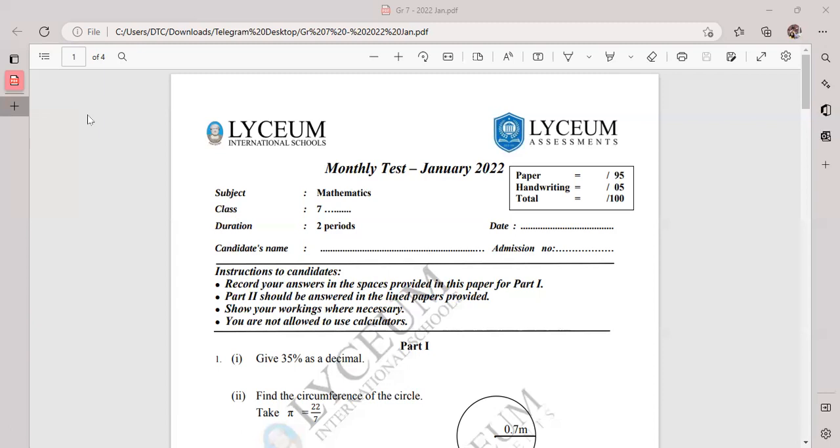The third point I want to discuss with you is the instructions. Sometimes students may think, I don't want to read this because every time they put the same instructions. Don't think like that, students. Every year, sometimes the same examiner sets the paper, or sometimes it can be different examiners.